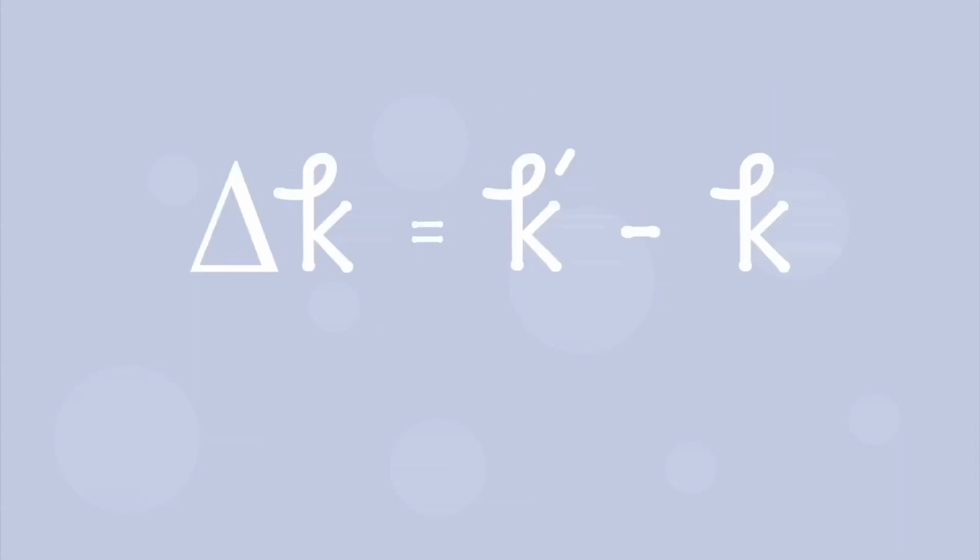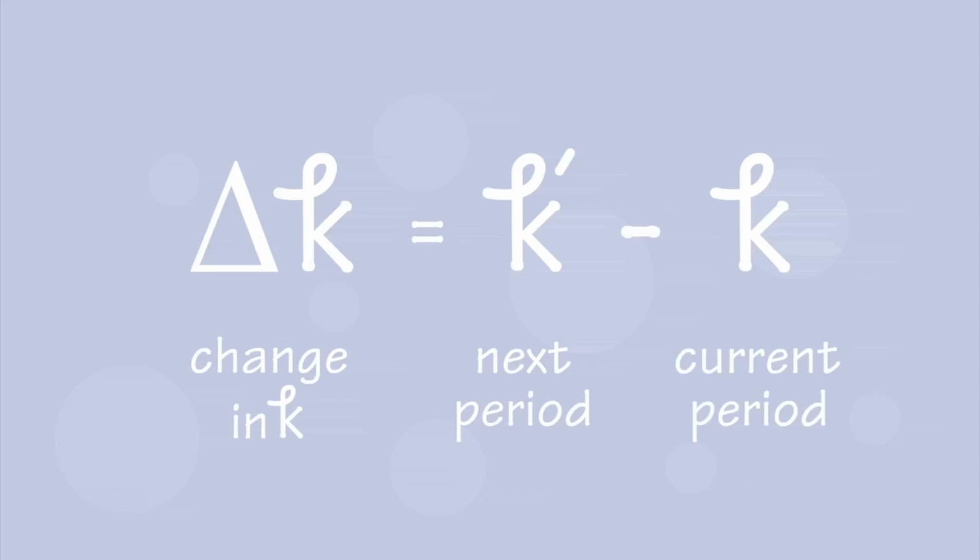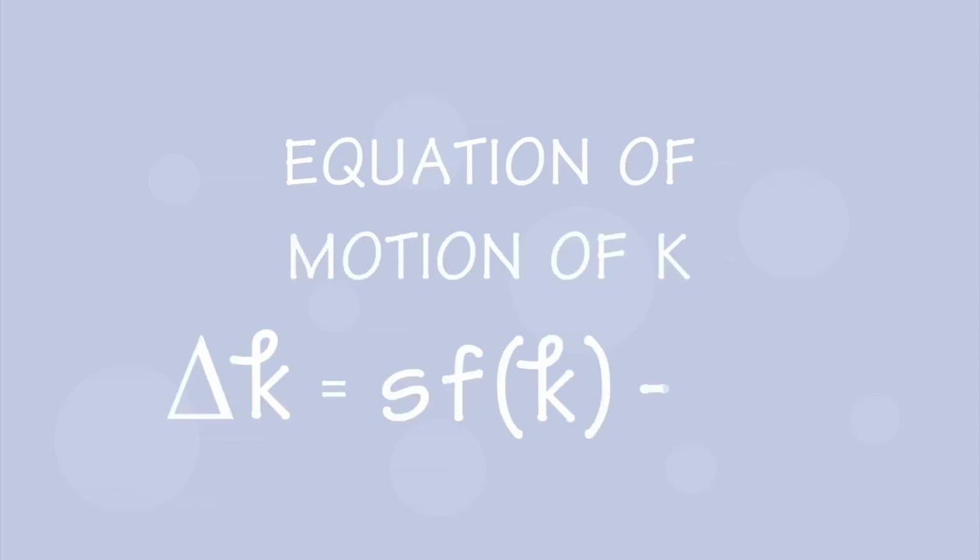If we want the change in the capital stock, we subtract the capital per worker in this period from the capital per worker in the next period. Then we find that the change in the capital stock is equal to the investment per worker minus the depreciation per worker. In short, we call this equation the equation of motion of K.